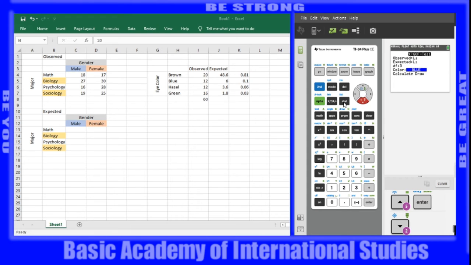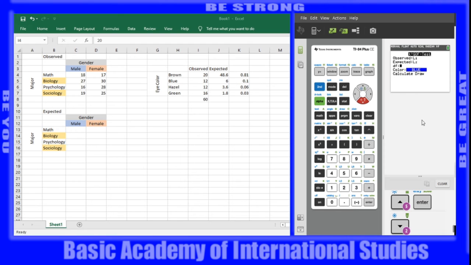Here, degrees of freedom is still an n, but it's not the number of people, that'd be 60. Instead, it's going to be the number of categories. And over here, you'll notice we have 4 categories: brown, blue, hazel, green. And it's going to be the number of categories minus 1. So if we have 4 categories, then minus 1 of those would be 3.